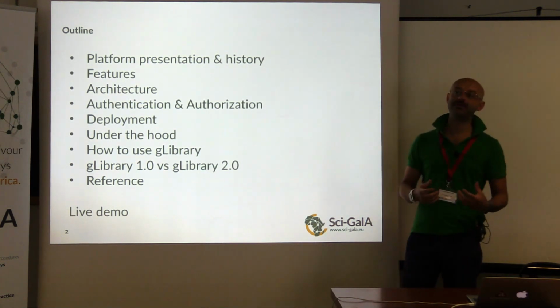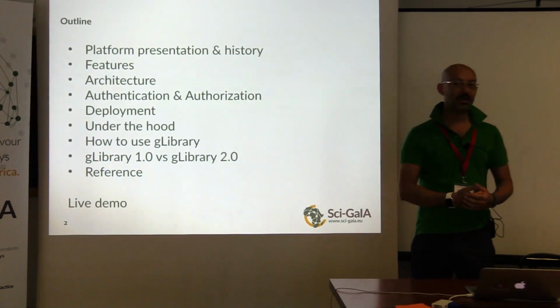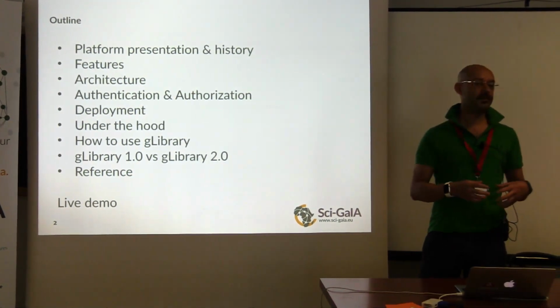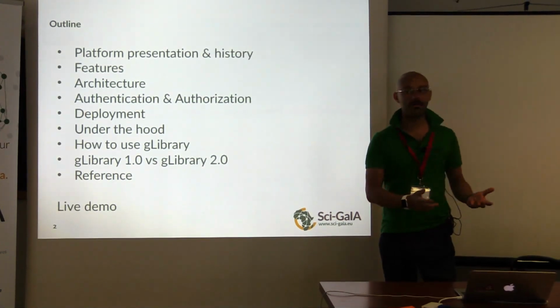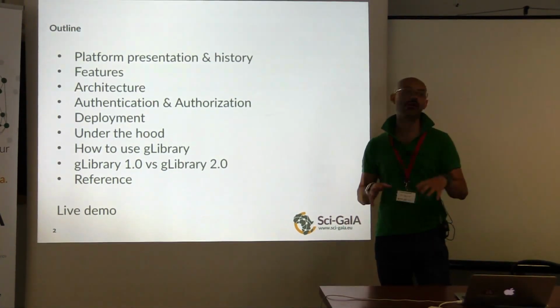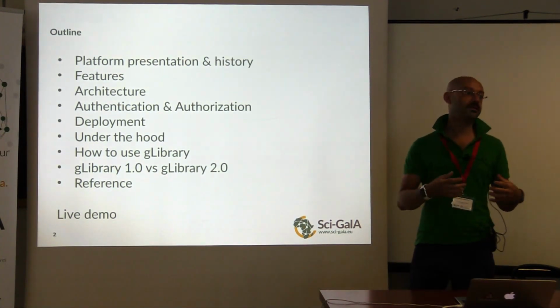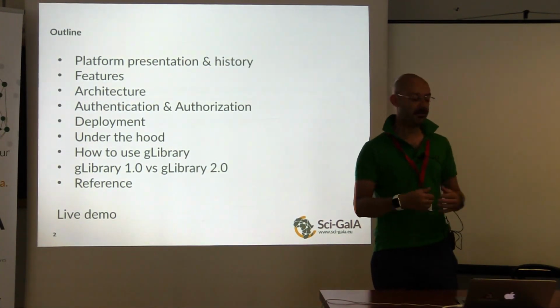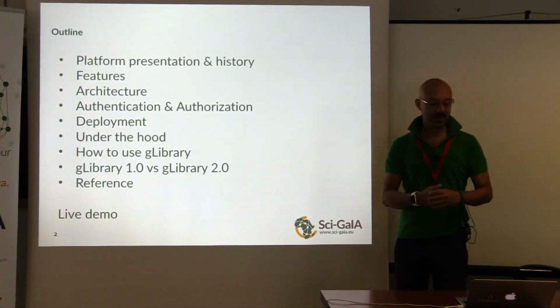We will introduce the terminology that we use, the GLibrary lingo. We will talk about authentication, authorization, and how to deploy GLibrary services on your own infrastructure, even if you can use the GLibrary server installed in our site.